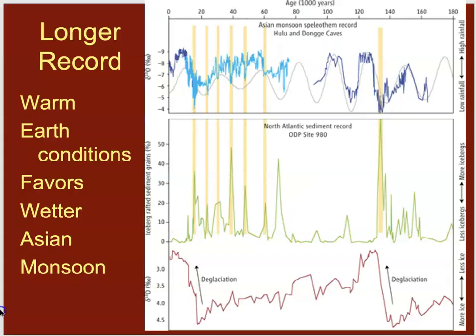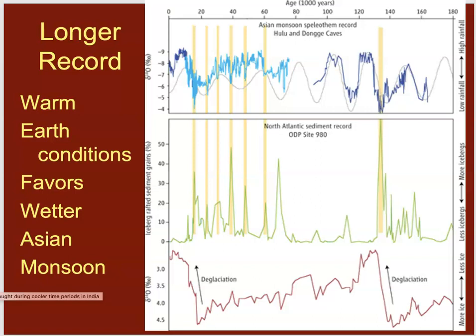So now you might be asking, okay, let's go back not just the Holocene, the last 10,000 years, but what's the connection over, say, 100 and 200,000 years of warmth and the Asian monsoon? And it's the same thing: Asian monsoons tend to be stronger. You get better rains when there's warmer periods.